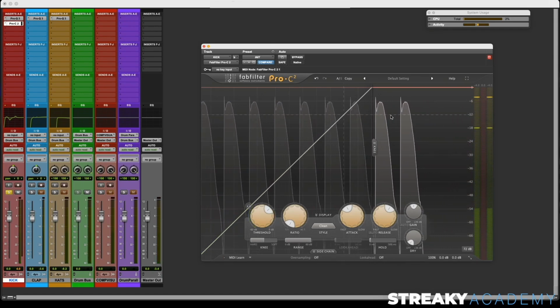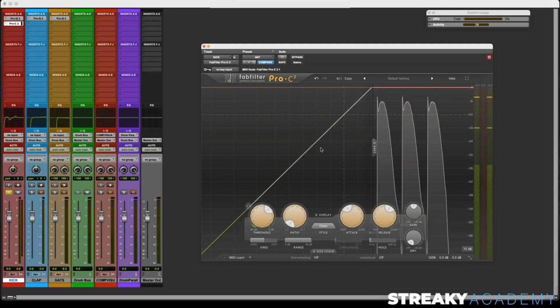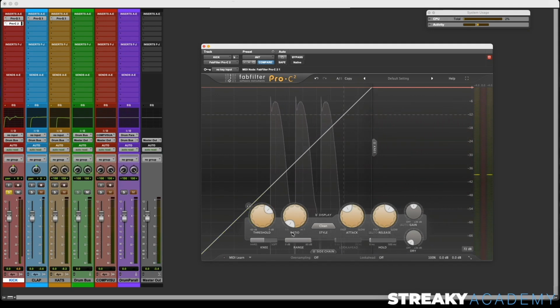So we can see everything above this dotted line will now go into compression. But so far, nothing is happening. This is because our ratio is set at 1:1.